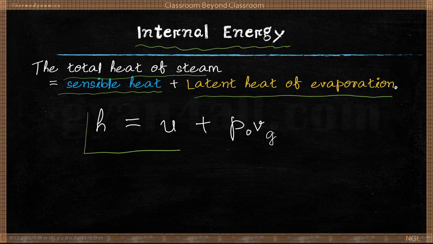The mathematical relation is this: H is the total enthalpy of the steam, U is the internal energy, and PVG, this is the work done during the evaporation process. There are 3 different variations of this formula depending on the quality of steam. The steam may be wet steam, dry steam, or superheated steam.